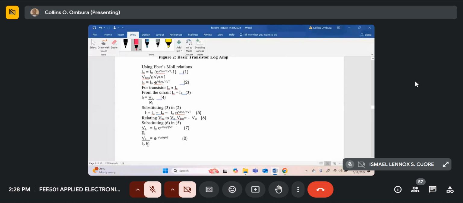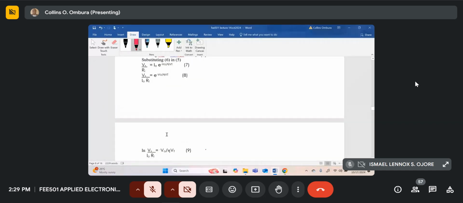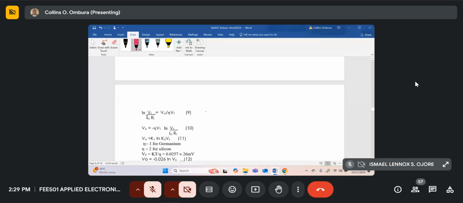We get Vs over I naught R1 is e to the minus V naught over neta Vt. So next we take the logs of left-hand side and right-hand side, 8. So you'll get natural log of Vs over I naught R1 is equal to minus V naught over neta Vt.